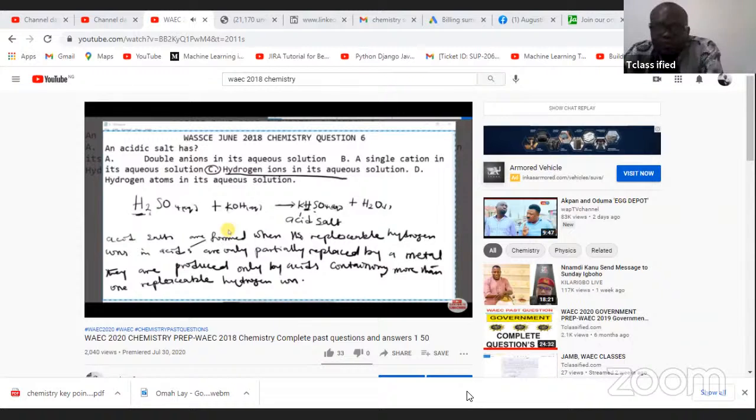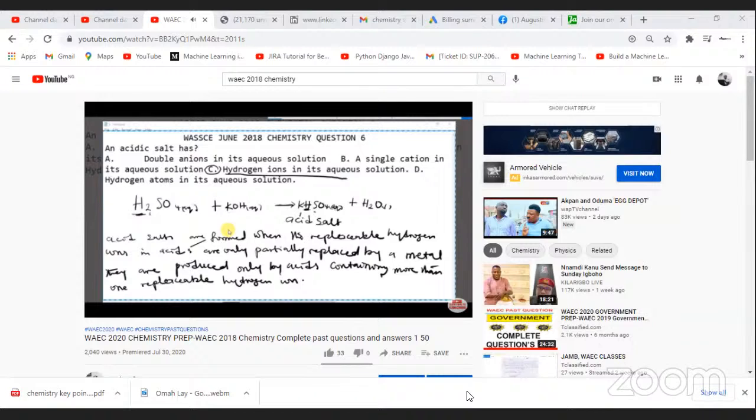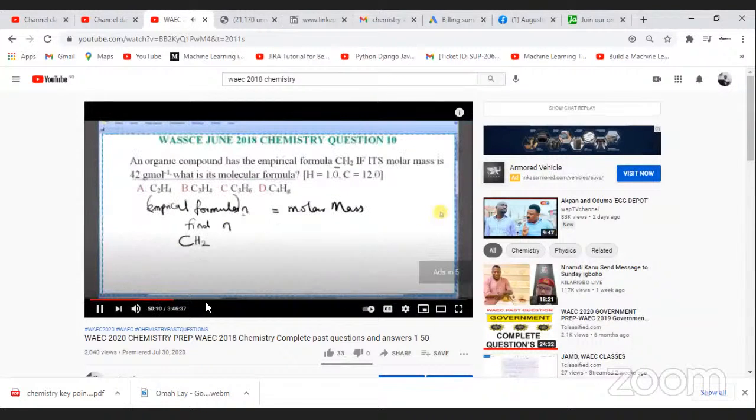Look at number 12. Read out number 12, please. Then consider the following equilibrium reaction: 2AB plus B will give 2AB3, and the enthalpy is equal to minus X kJ per mole per dm cube.